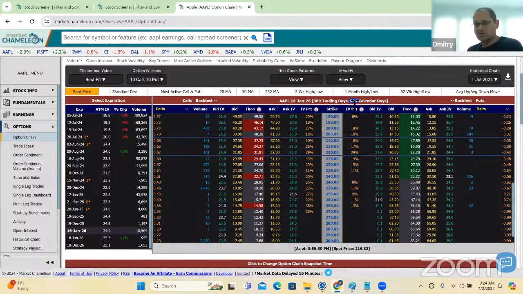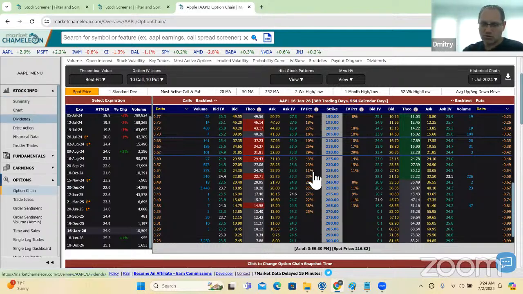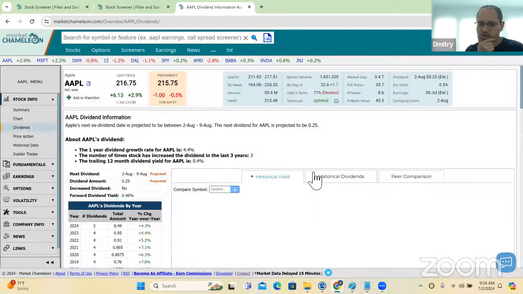That's part of the option. You're starting to put in a guess, a projection. And how do we do that? Well, until the company releases a schedule or a statement saying when the next dividend is, we would have to create a projection.